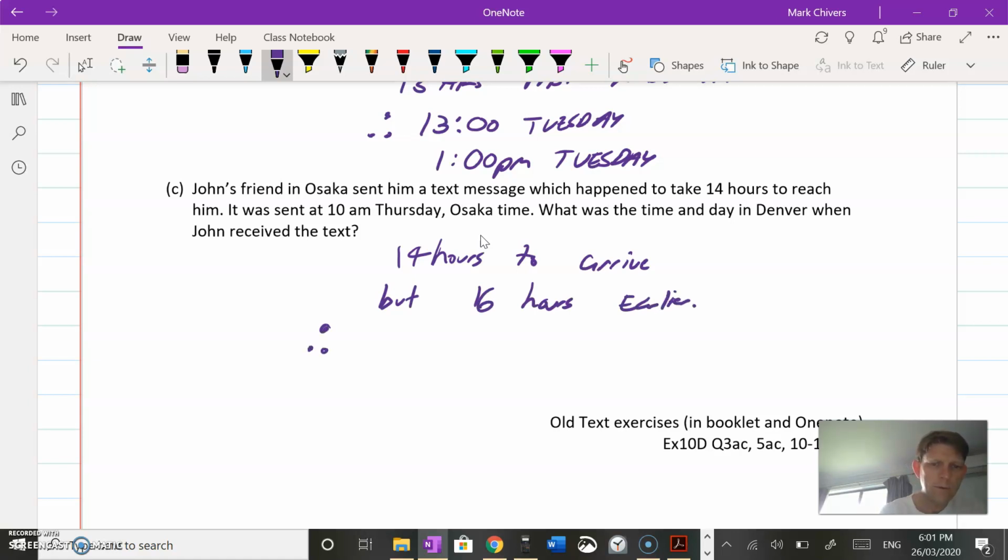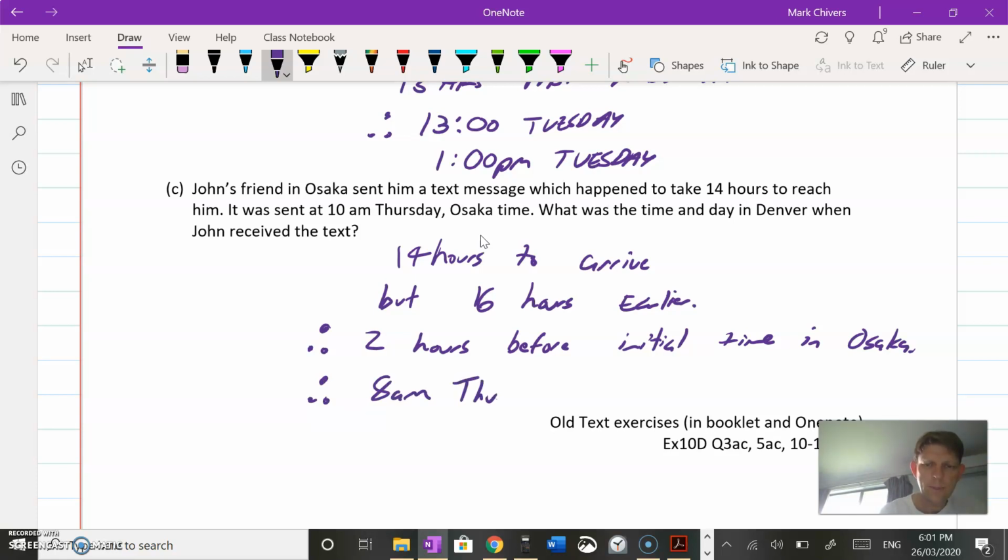So therefore, 2 hours before the initial time in, where were we, Osaka. So we're going to go with therefore 8 a.m. Thursday.